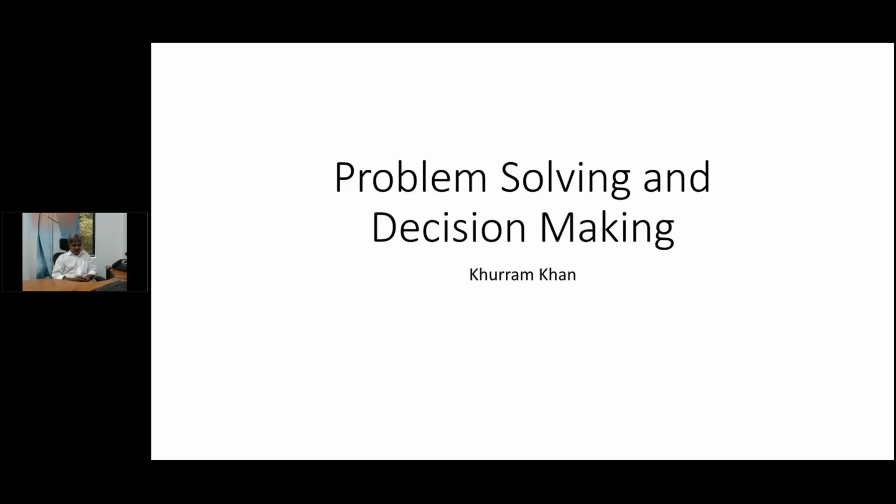We will see what is actually the problem, what is actually the decision, what are the different types of problem that we have or we may have, what are the different types of decision that we will be making, and what is the environment that we are facing a problem in, in which we are making the decisions.